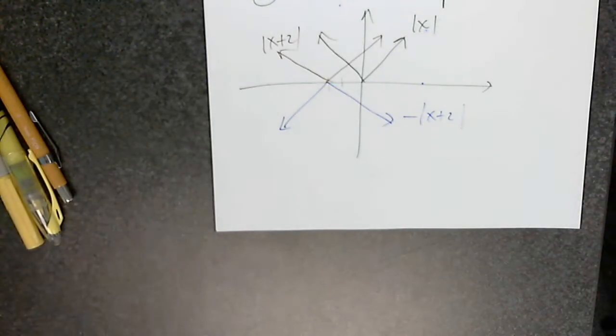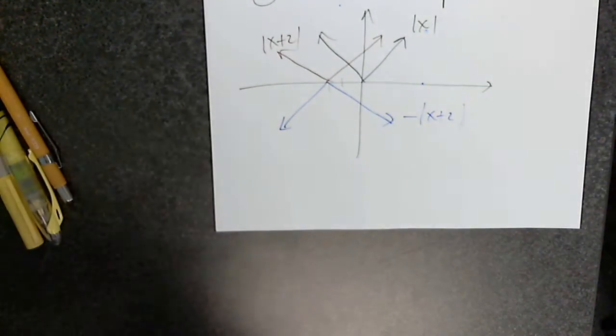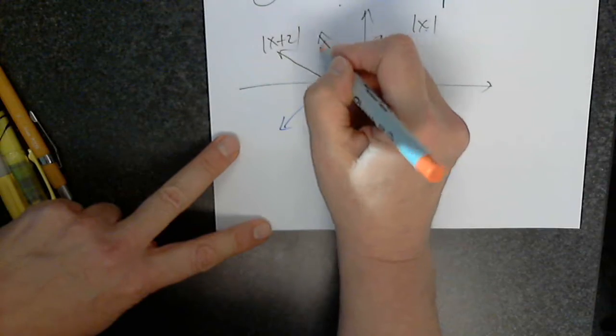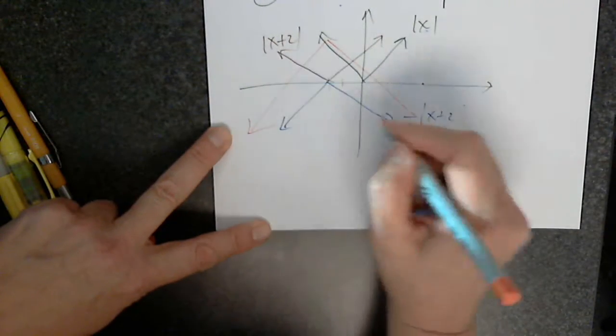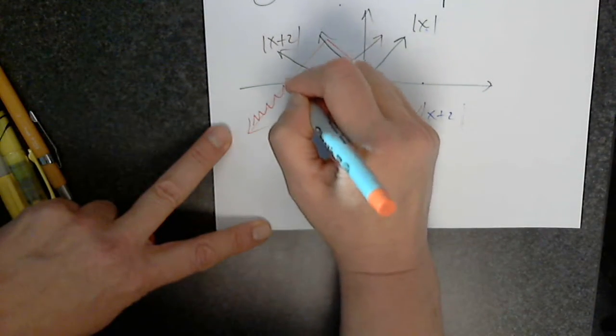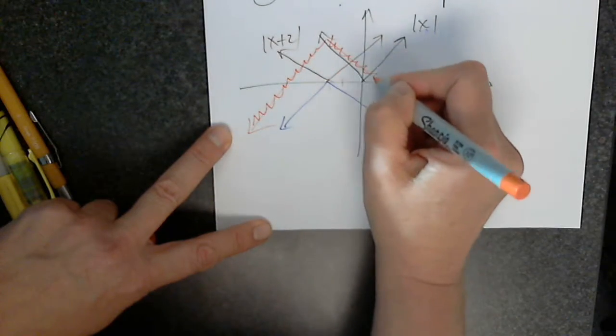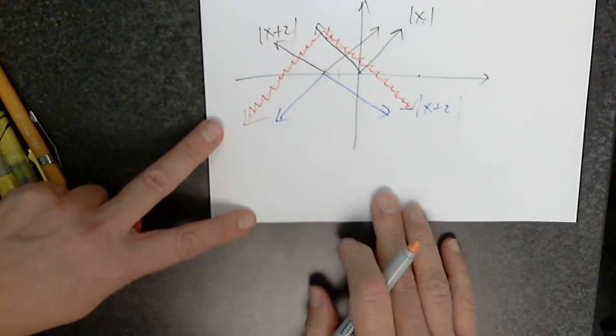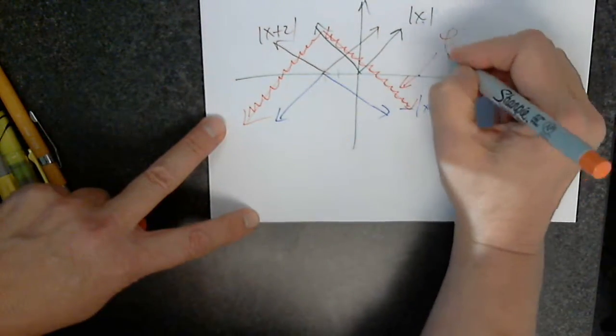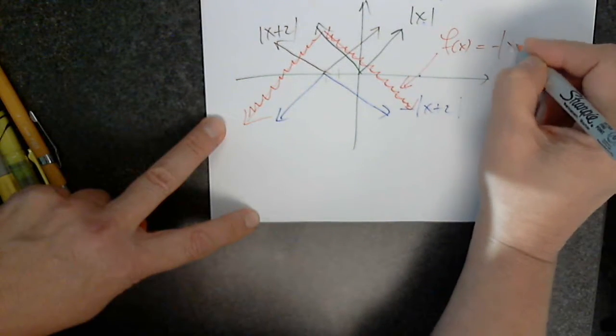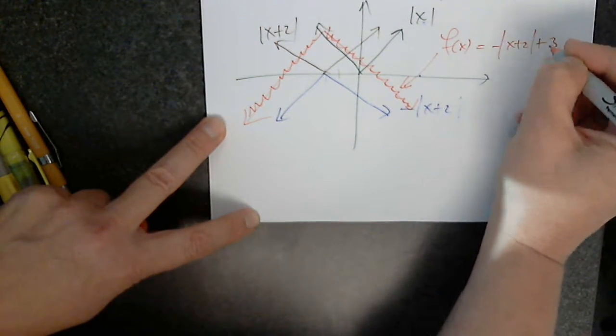And I am going to shift it up 3. You don't have to do this, I just wanted to emphasize the final function. So this is final, f of x equals negative absolute value of x plus 2, plus 3.